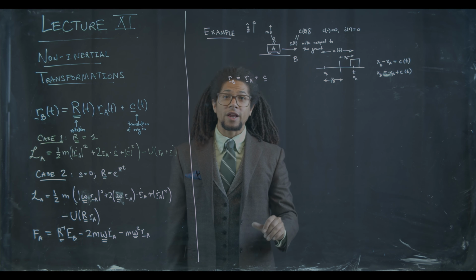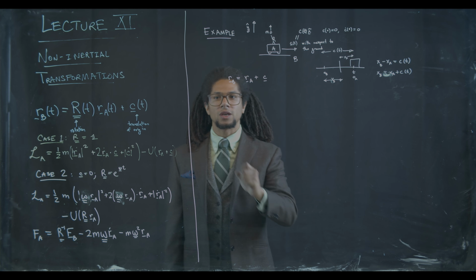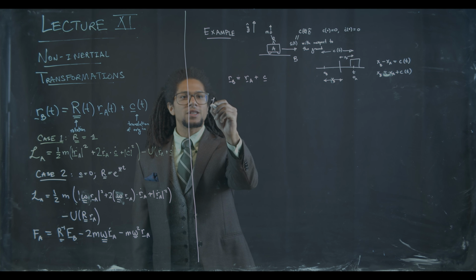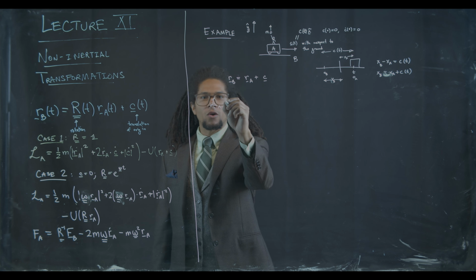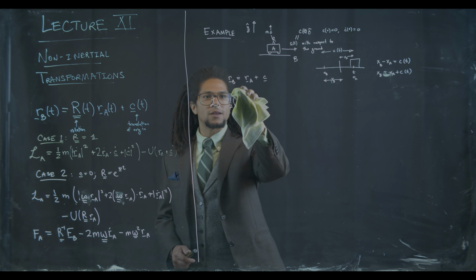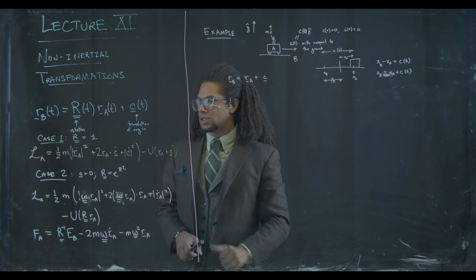Great. All right, now I don't need to do this problem using Lagrangians, but I will just to kind of demonstrate the principle. So in this case, we'll have L A. We know all of the motion will be in the x and y directions, so let's put that in explicitly.